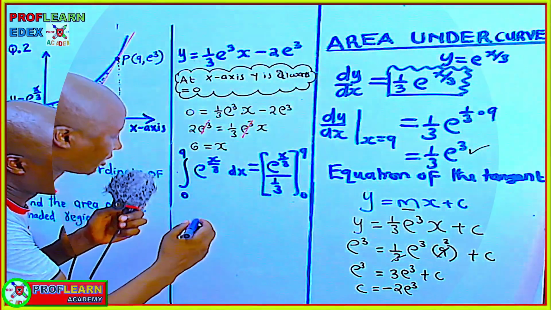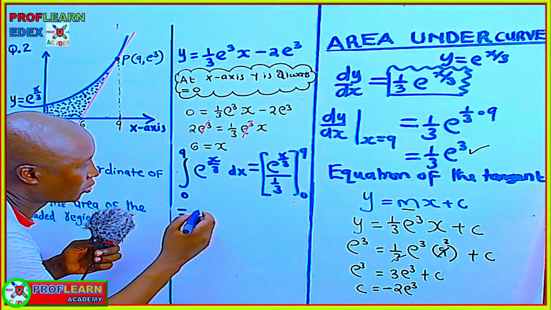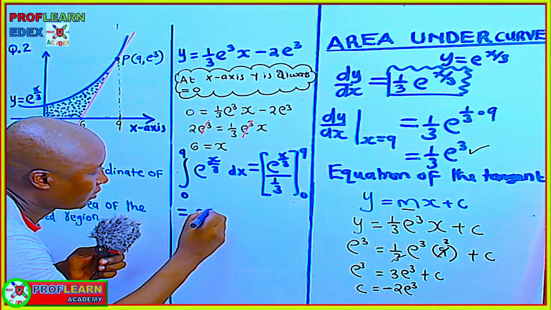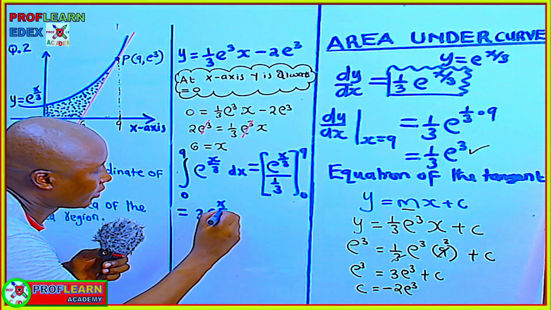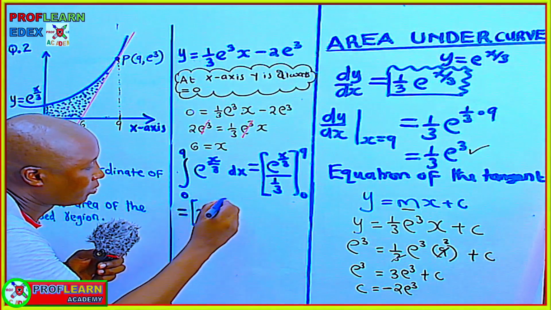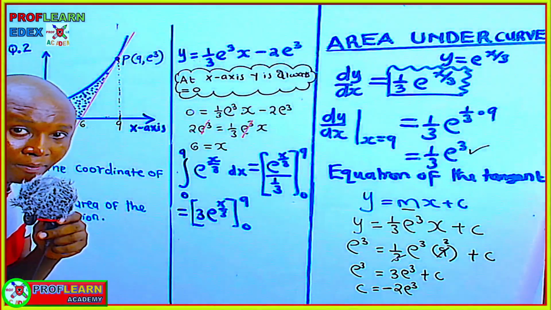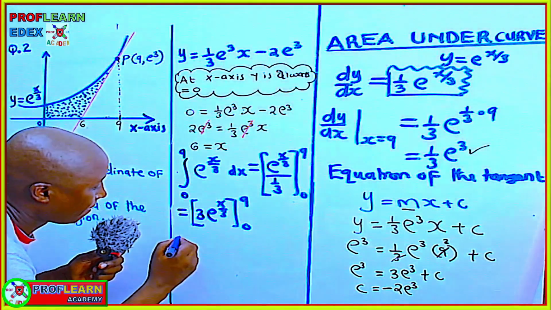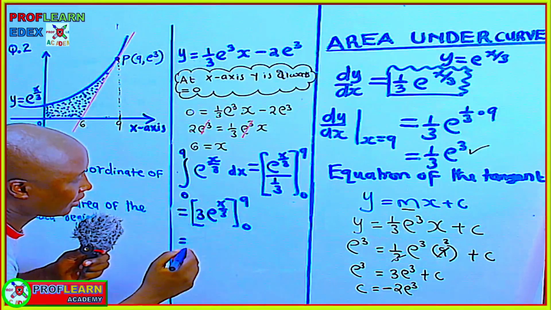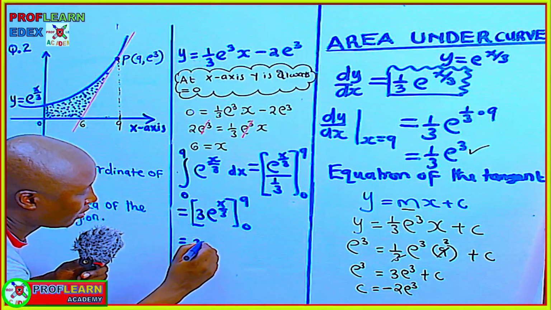If you simplify, this reduces to 3 e^(x/3), and we are evaluating from 0 all the way to 9.